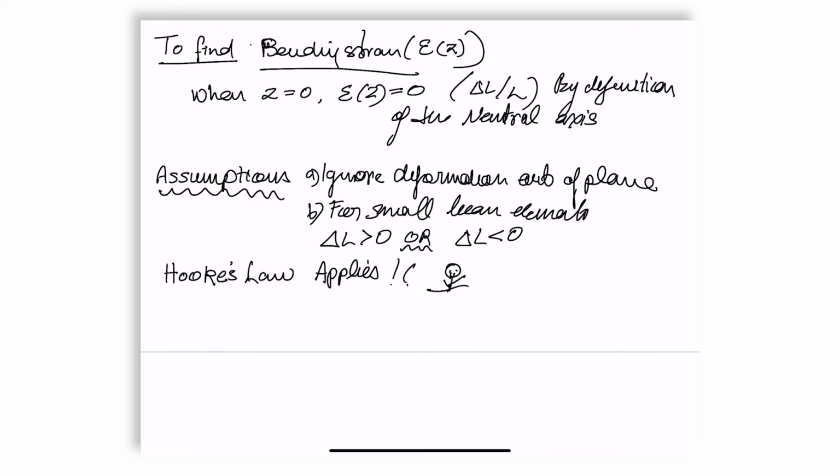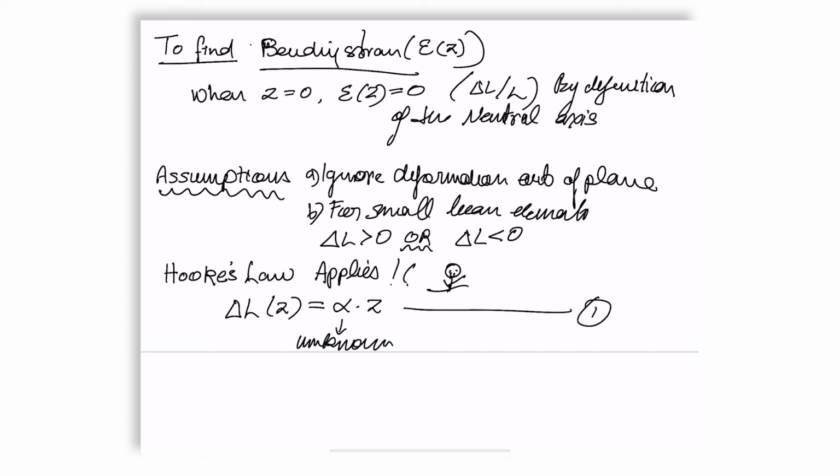Let us say that delta L of z, that is to say with reference to z, is equal to alpha times z. We call this the unknown. Call this equation 1. Then L of z is equal to r plus z times theta.